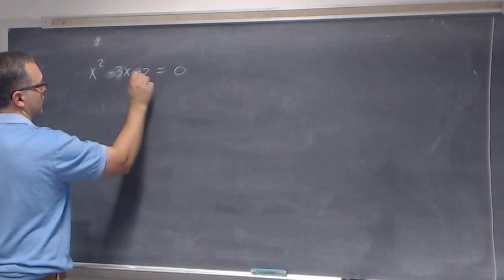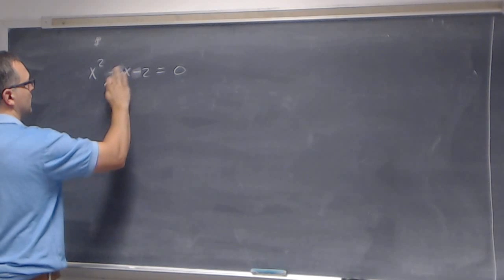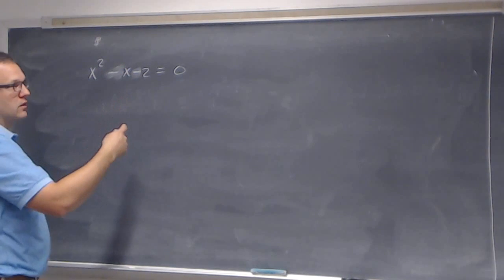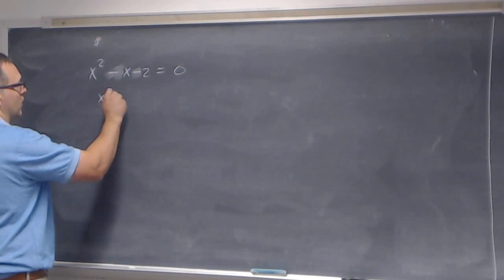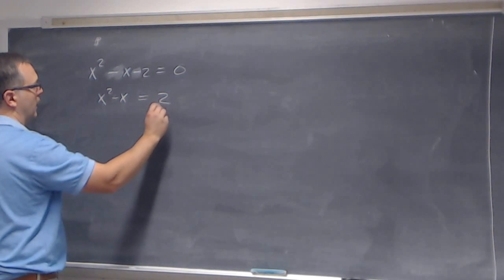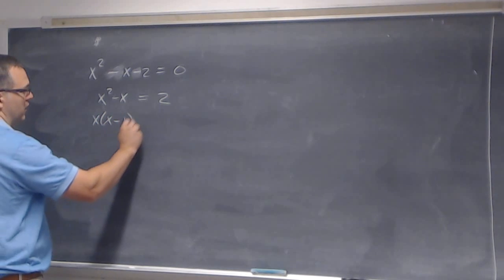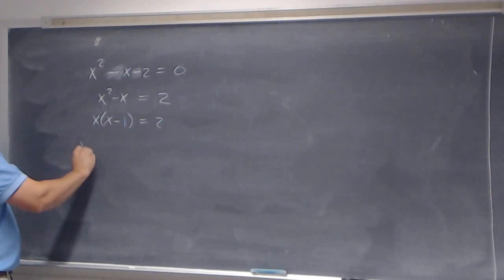Say you want to solve this equation. I say I'm going to add 2 to both sides, factor it because it's much easier to factor, and set each factor equal to 2. Right?